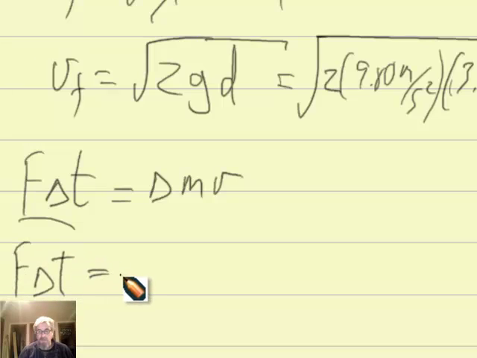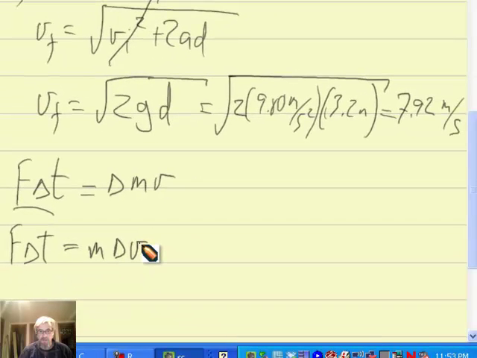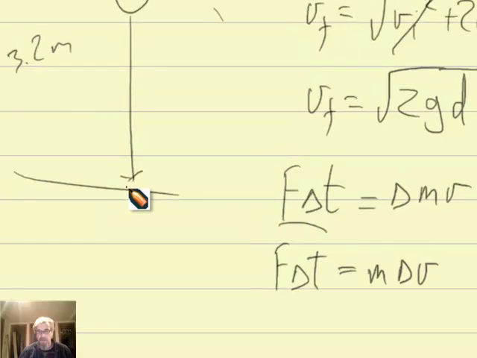Probably an easier way to express this. Well, the change in momentum is what impulse is. How does the velocity change? Well, this person hits the ground doing 7.92 meters per second. At some point, they come to a stop. That means their velocity goes to 0. So final velocity is 0.